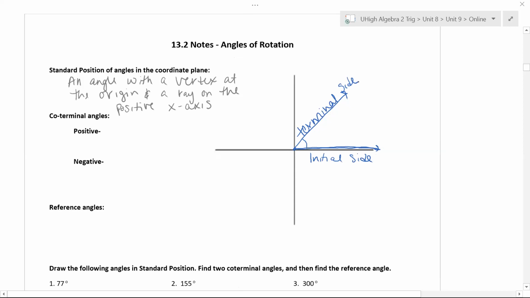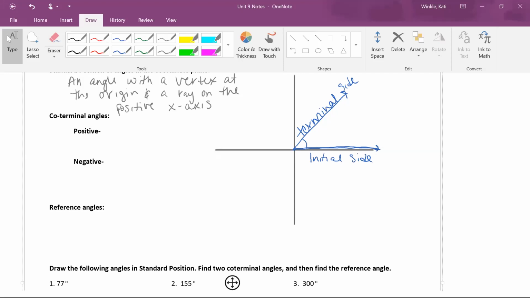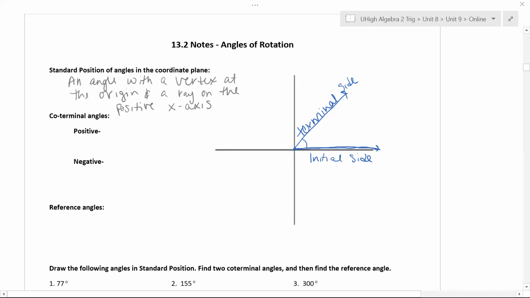Okay, so the next thing that we're going to talk about is coterminal angles. So think about if this is our terminal side, and we're thinking about what that prefix co means. So the coterminal angles are going to be the two angles that we can use these rays to kind of identify.